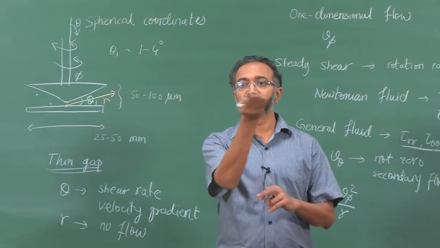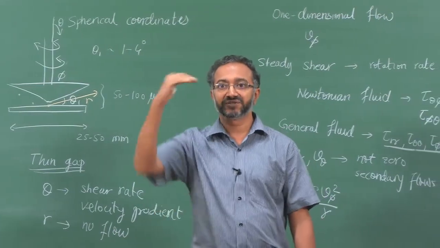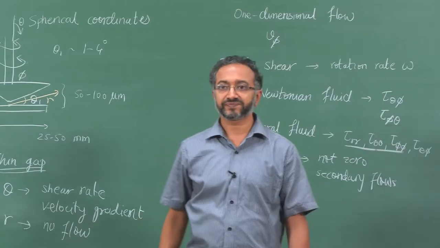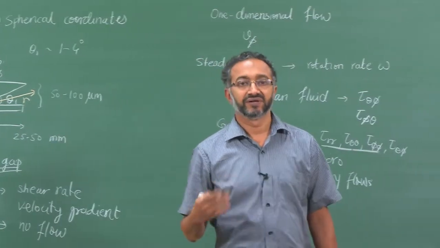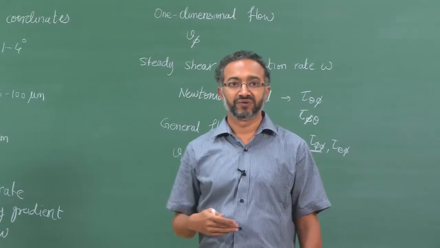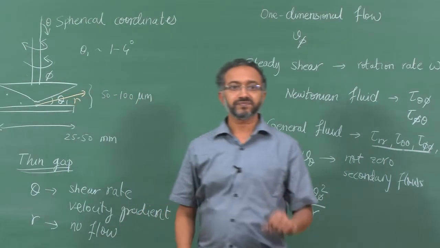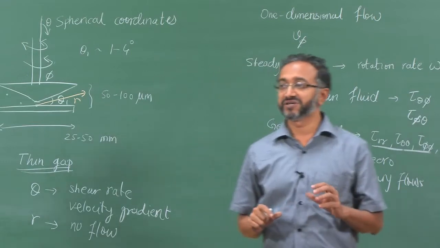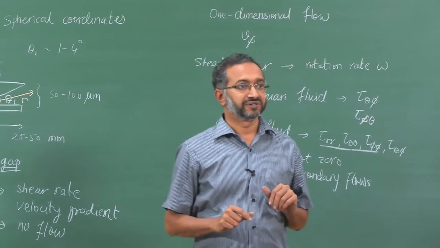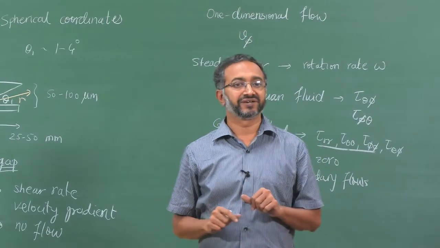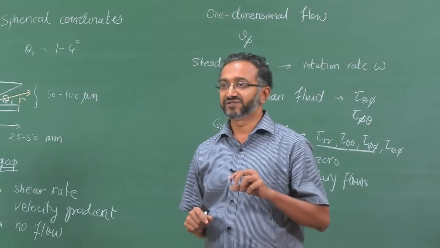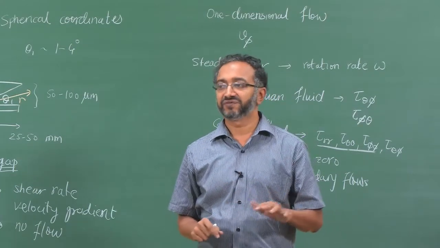But if there is a slight wobble in the machining, then fluid will itself also develop a radial or a theta direction flow. So, any defect in the machining of the geometry is very important in terms of causing such secondary flows, and therefore, maintenance of geometry is very crucial in case of rheometry.